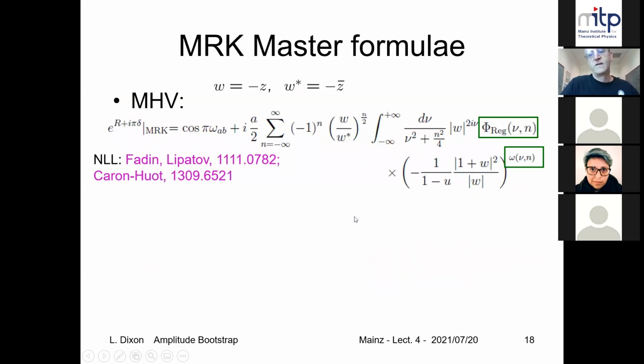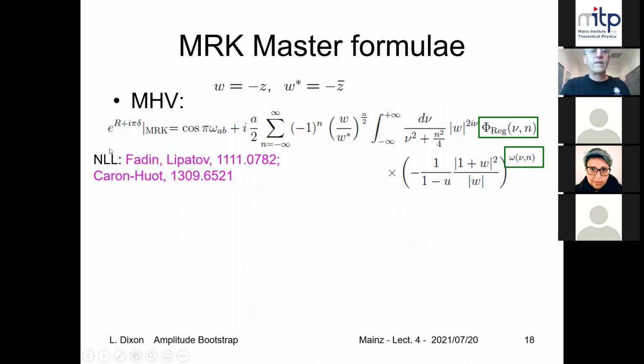The master formulas for this behavior, how the amplitude should factorize, were written down by Fadin and Lipatov a while ago. And another formulation was given by Caron-Huot. And then the quantities that appear in this were computed by Basso, Caron-Huot, and Sever.